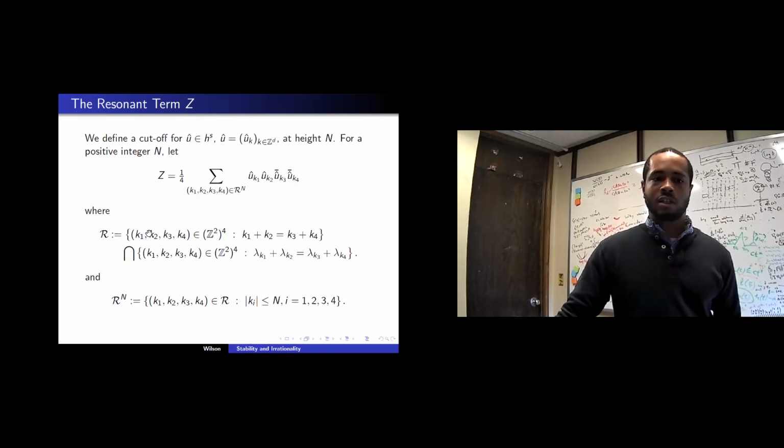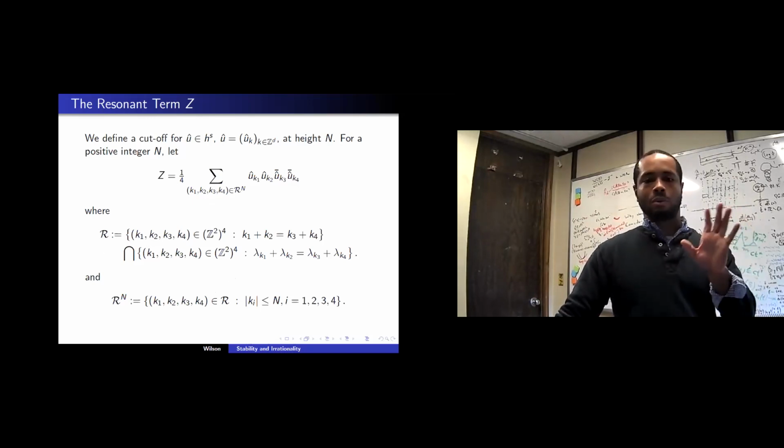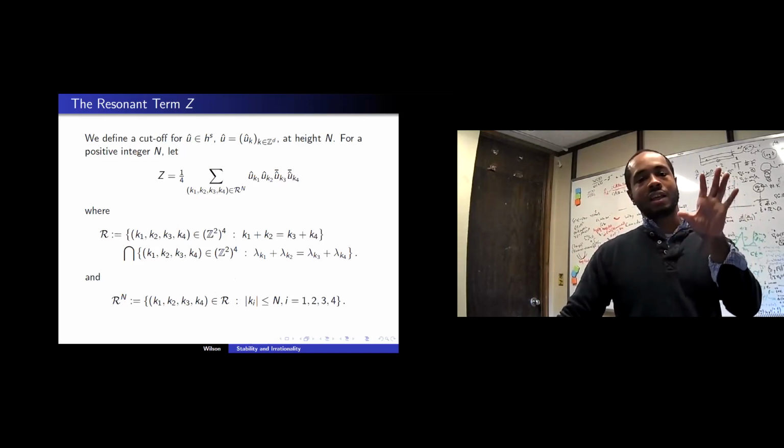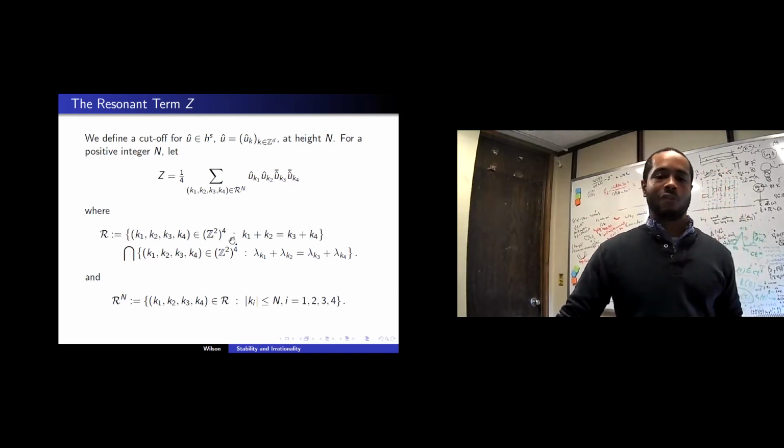So these are all of my resonant vectors. I won't backtrack, I'll just say that these are my resonant vectors. I have a conservation of momentum condition here that was from the beginning, and then I have a conservation of energy condition here, and of course, I'm summing over all R_n, and I'm assuming that I'm doing a cutoff.